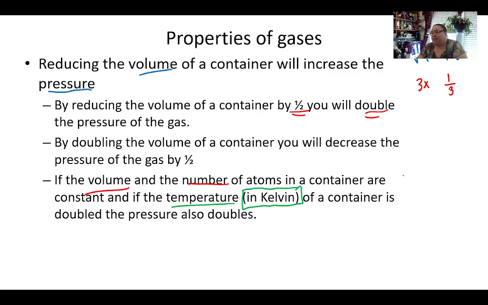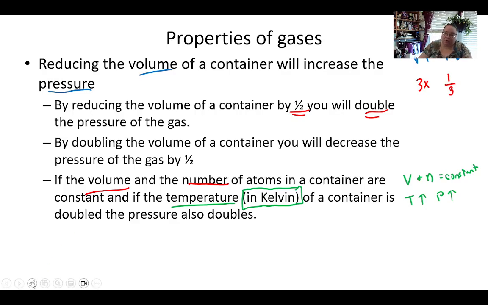My volume and my number of moles are constant, which means they don't change. So if the temperature of a container with a gas increases, that pressure is going to increase.